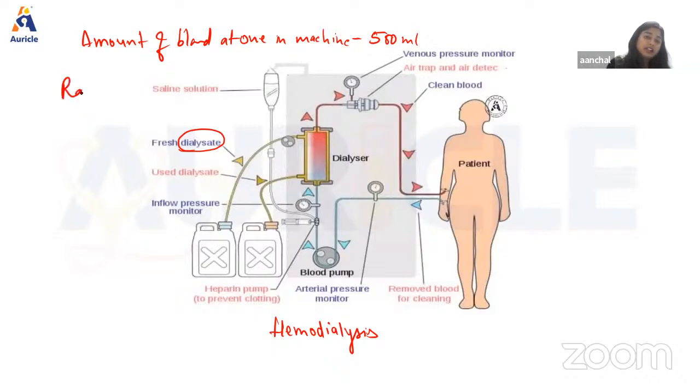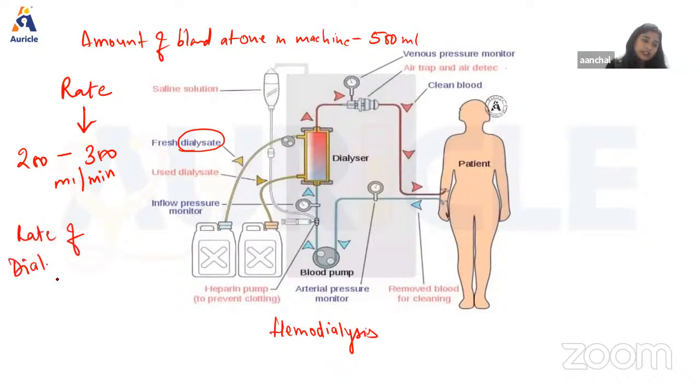So the rate at which this purification is done inside this machine is 200 to 300 ml per minute. And the rate of dialysate flow is about 500 ml per minute.